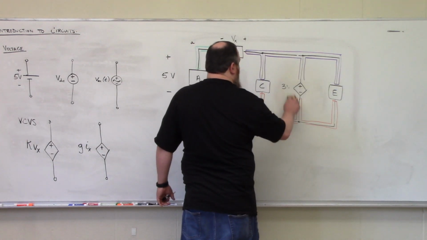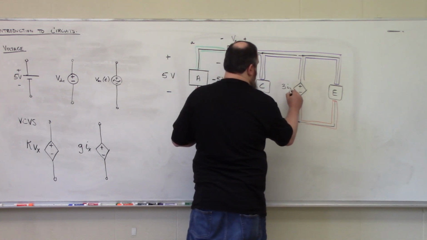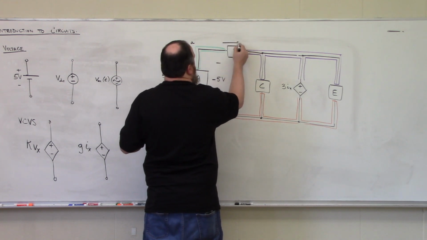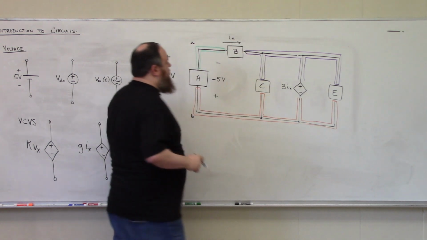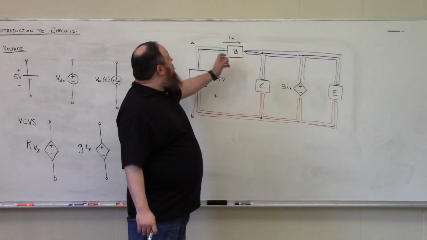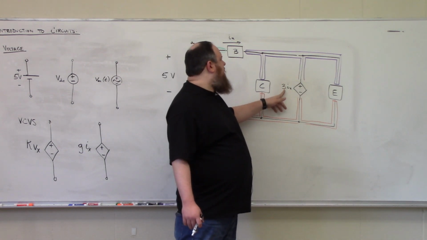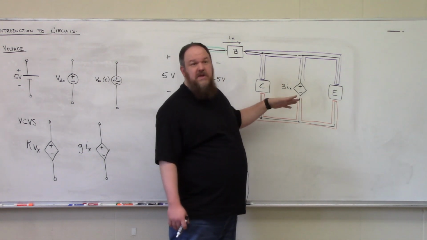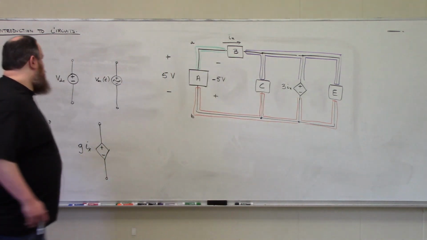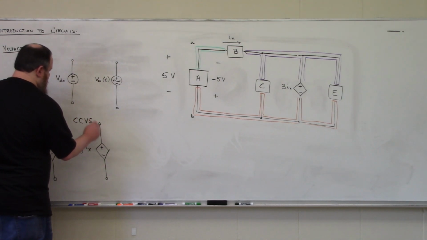So if we made this a current-controlled voltage source, let's say this is Ix, then whatever current is flowing through element B from left to right gets multiplied by a factor of 3 volts per amp to make the units work, and that's the voltage that appears over the terminals of our current controlled voltage source.